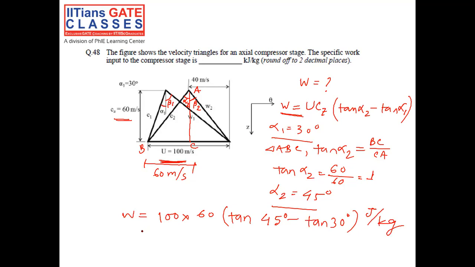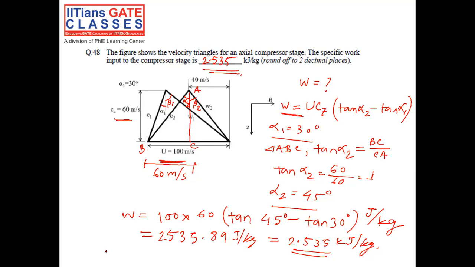It will come around 2535.89 joule per kg, or 2.535 kilojoule per kg. This is the answer. Okay, so these were all the questions from gas dynamics and propulsion, and we have discussed the solutions of the questions. Thank you.